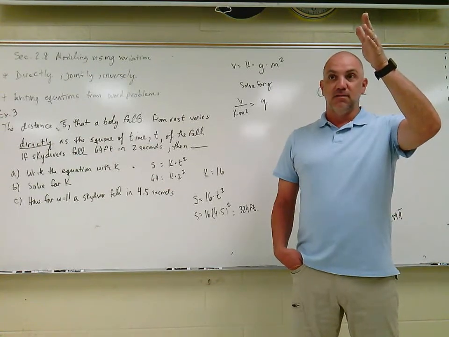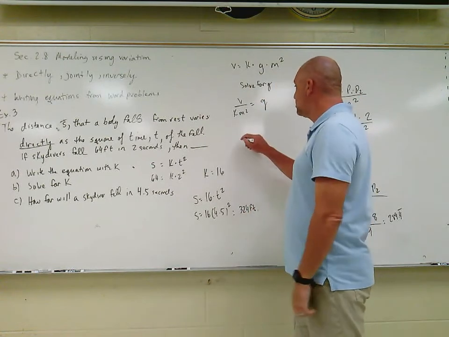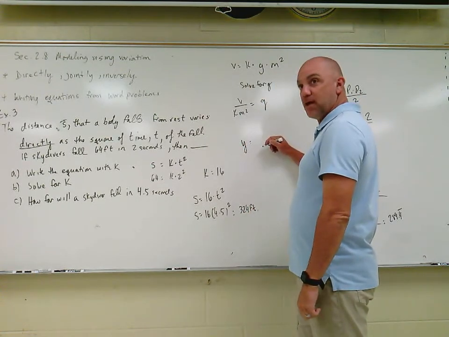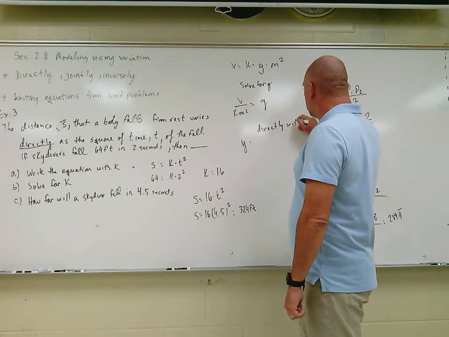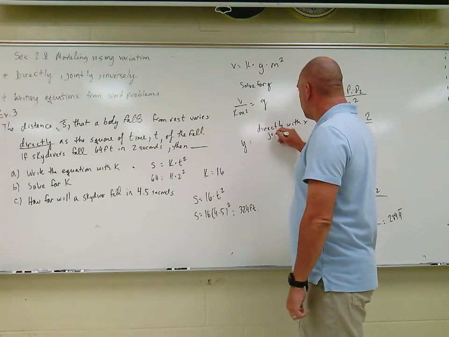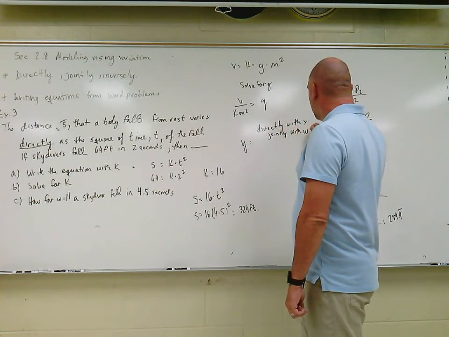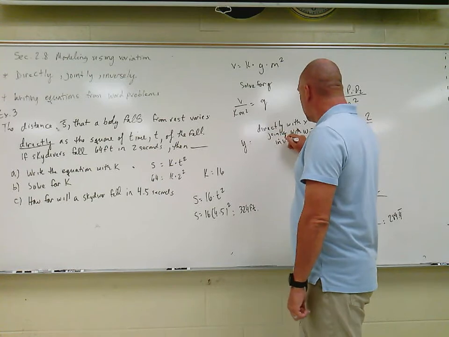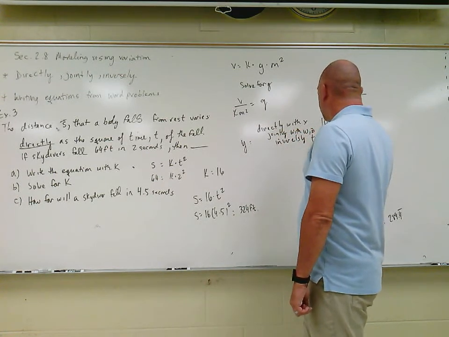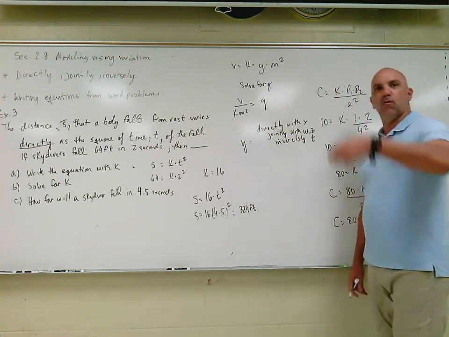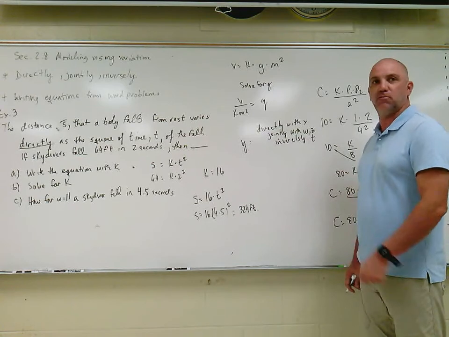Directly, jointly, and inversely, what would happen? So let's just say Y varies directly with X, jointly with W and Z, and inversely, I'm running out of the alphabet, with T. So if I had all that in one problem, we vary directly with X, jointly with W and Z, and inversely with T, what would it be?